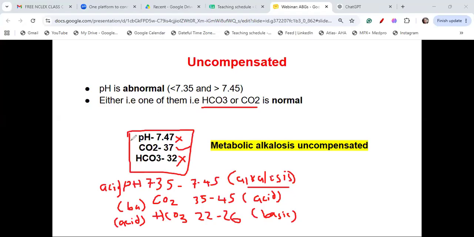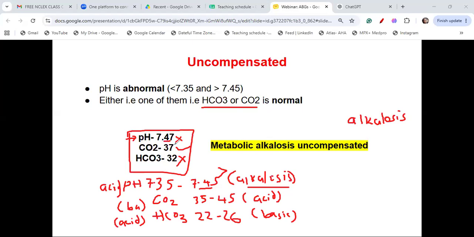So let's start with our pH. pH 7.47. Where is it? You can see it is above 7.45. So it is alkalosis. So the end word for our ABG will be alkalosis. The next thing you want to find out is which one matches alkalosis.